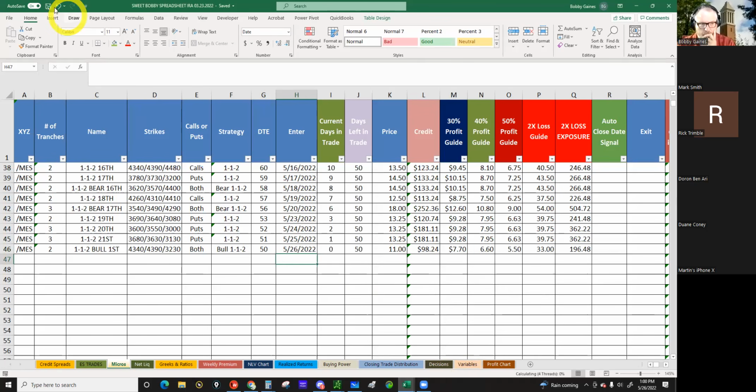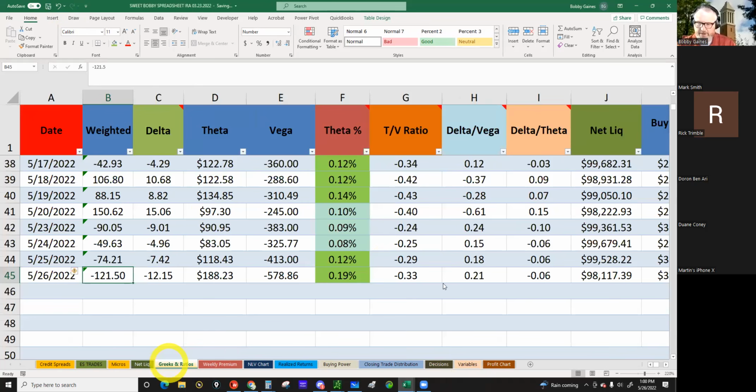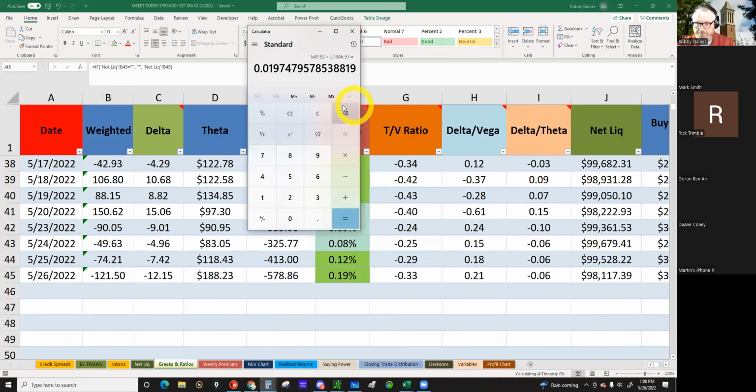All right. Now remember, this account doesn't say that we need delta adjustment, but still we've got a negative 121 deltas. So how do we know that that's in line? Remember, all you got to do is take your net liq of 98,117.39 and multiply it by 0.0015.